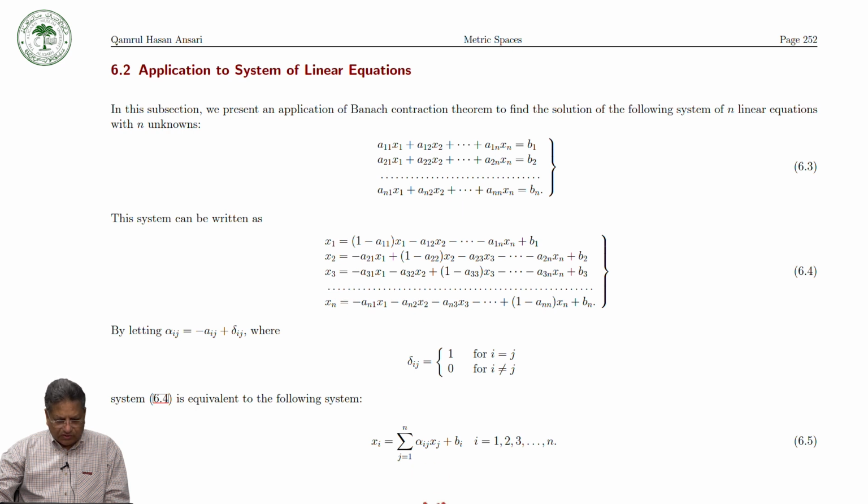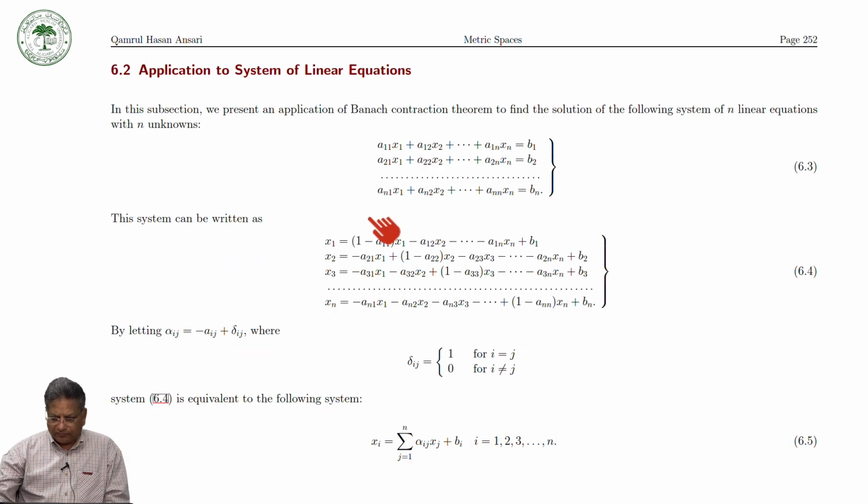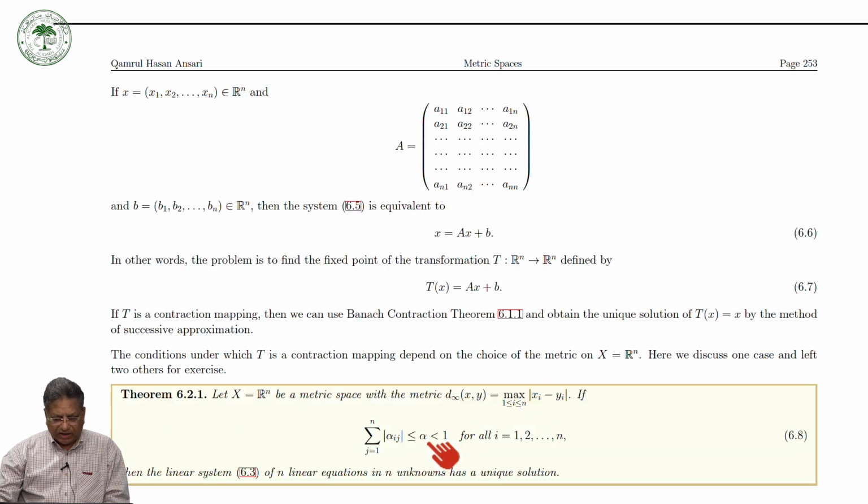written as x_i is equal to summation j runs from 1 to n of alpha_ij x_j plus b_i for all i runs from 1 to n. And if x is equal to (x1, x2, ..., xn), and A we are treating as a matrix, a11, a12 and so on, and b is equal to (b1, b2, ..., bn), then this system can be written as x is equal to Ax plus b.